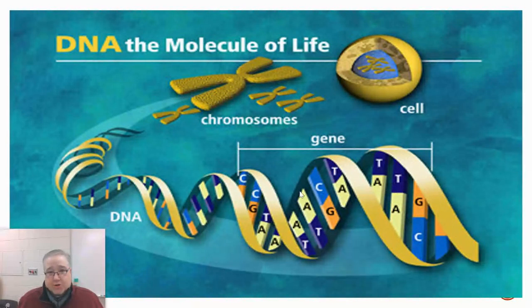They are instructions for your cells to build proteins. So each gene is a set of instructions to build something very specific. If you have those instructions, then your cells can make proteins. If you don't have those instructions, or the instructions are mutated or incorrect, then your cells can't make those proteins. Okay, so that's the big picture of all of this.